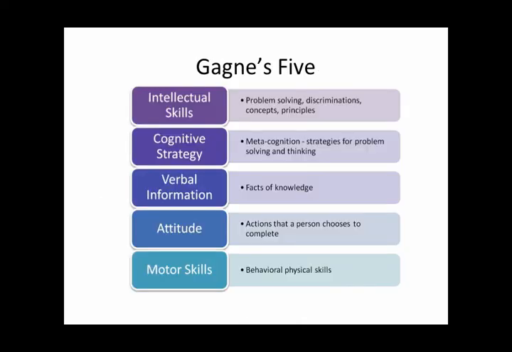Gagne's taxonomy has 5 types, and his list adds 2 that aren't mentioned by Scardamalia and Bereiter or Bloom. The 2 he adds are cognitive strategies and attitude. Cognitive strategies are the skills one uses to learn.